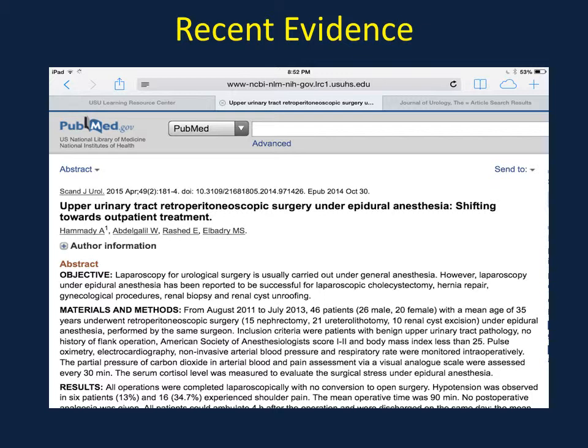The study calls for additional studies of patient populations with cardiopulmonary and other systemic comorbidities in order to see if neuraxial anesthesia is possible to reduce some of the risks associated with nephrectomies for those patient populations.